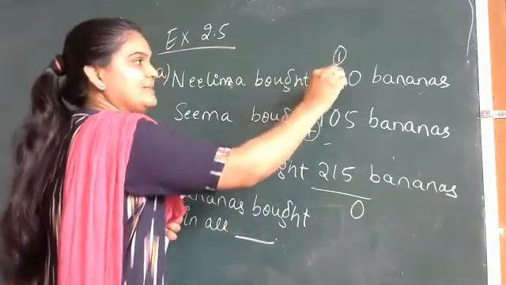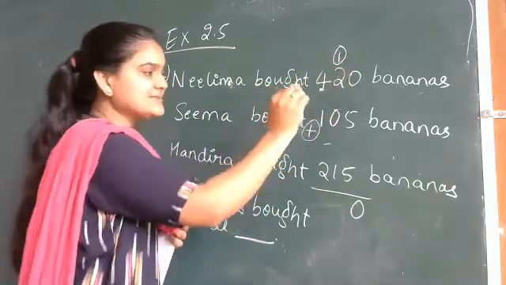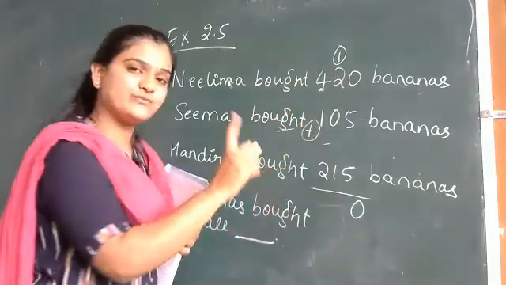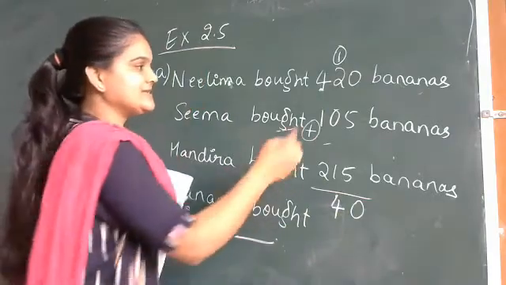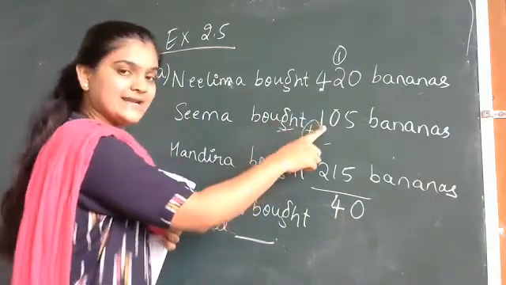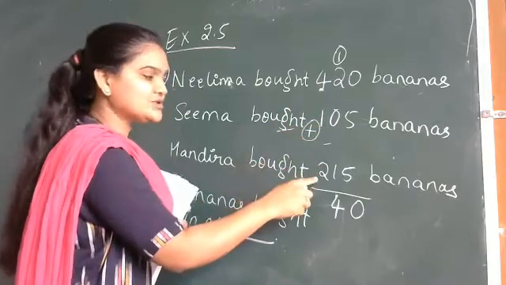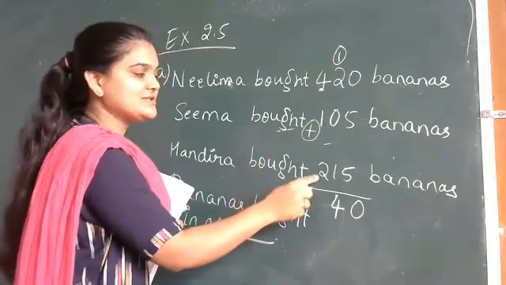1 ten plus 2 tens is 3 tens plus 1 is 4 tens. So it is 4. Next, 400 plus 100 is 500 plus 200. How much?